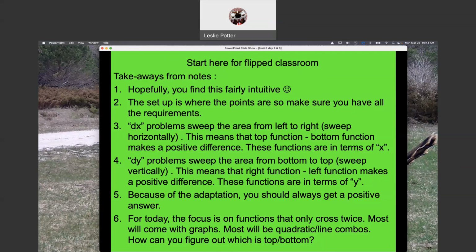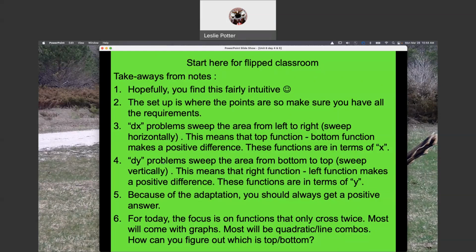Okay. For today, the focus is on functions that only cross twice. And most will come with graphs. Most will be quadratic/line combos. Okay, so if that's the case, going back to a dx problem, it would be something like, cross twice, quadratic line combos.